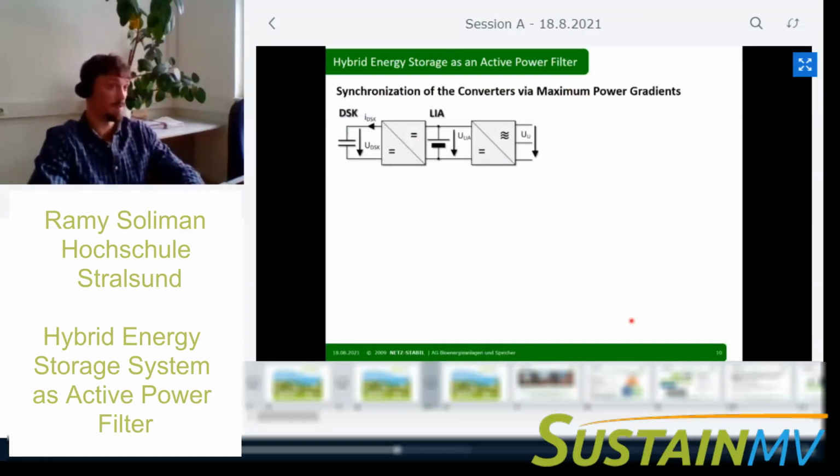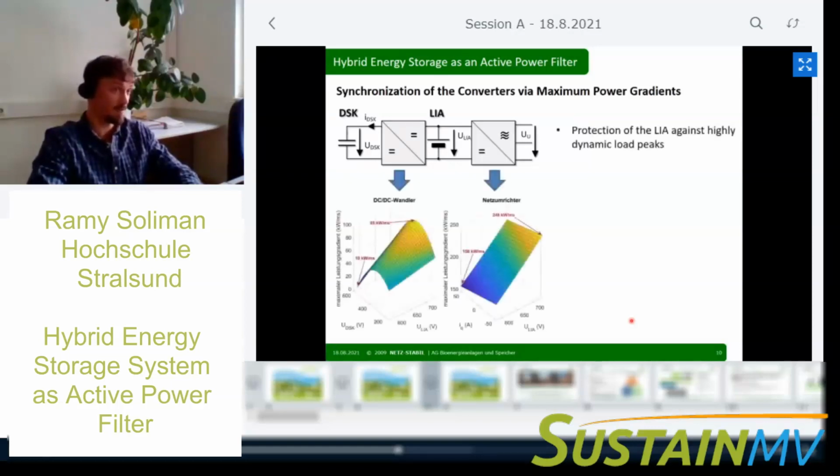The individual converters have different reaction times in terms of how fast they can reach the maximum power, so basically the power gradient. This is represented by this graph. You can see here the maximum power gradient varies between 10 kilowatts per millisecond up to 95 kilowatts per millisecond for the DC converter, depending on the voltage level on the supercapacitor or in the DC link.